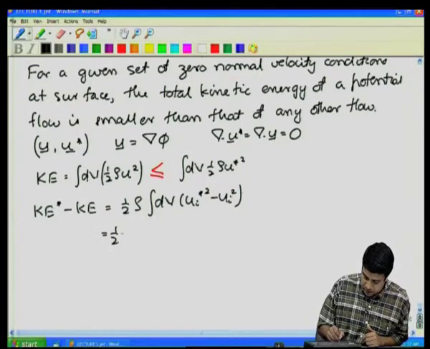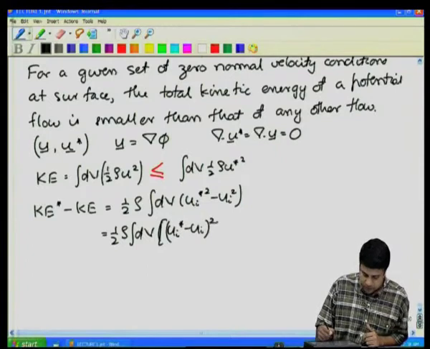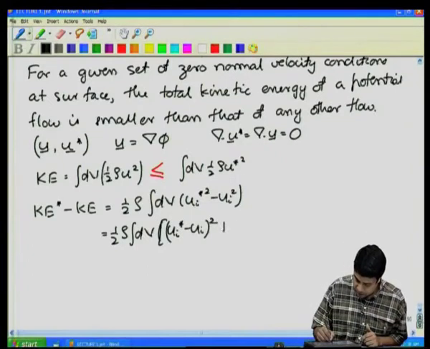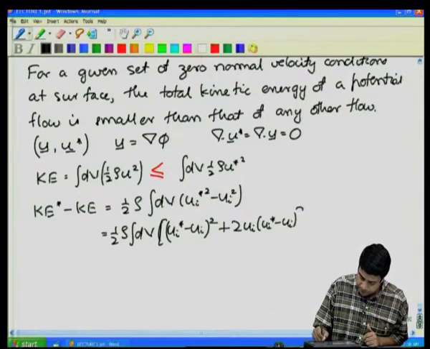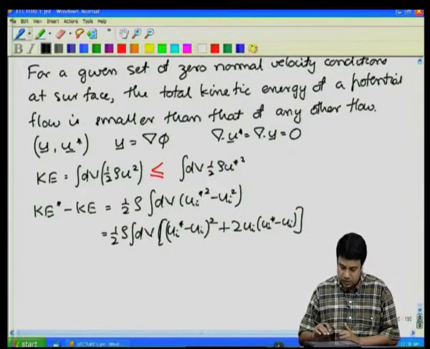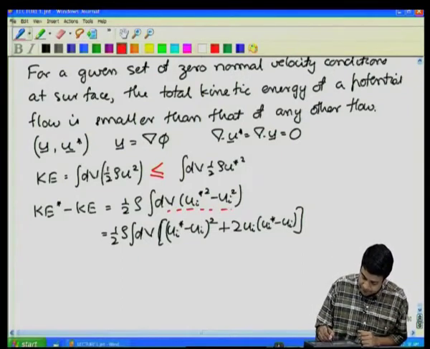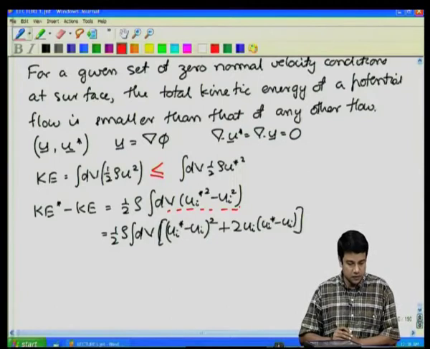I can simplify this as half rho integral dV of two terms: ui star minus ui the whole square, plus 2 ui into ui star minus ui. If you just expand out this term, ui star square minus 2 ui star ui plus ui square, plus add the second term 2 ui ui star minus 2 ui square, I will get back this original equation. Okay, so far so good.